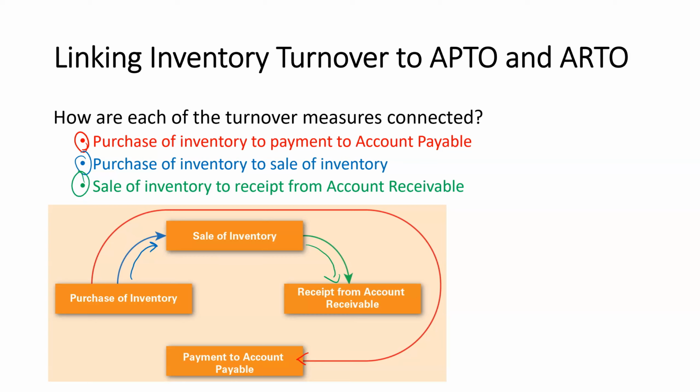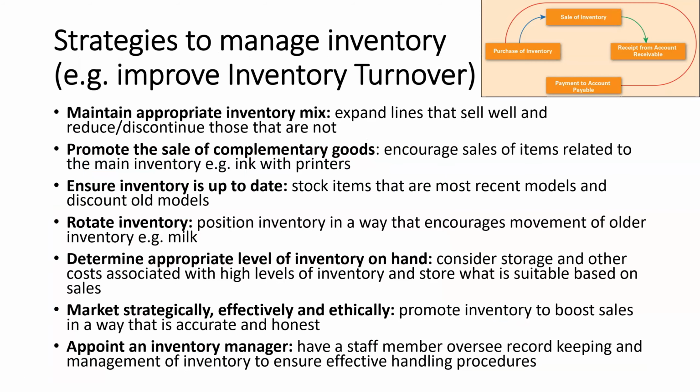And that means that the indicators and the turnovers are connected as well. So some things that we want to do can help us manage inventory, and they're going to have an effect on things like our accounts receivable turnover and our accounts payable turnover as well.